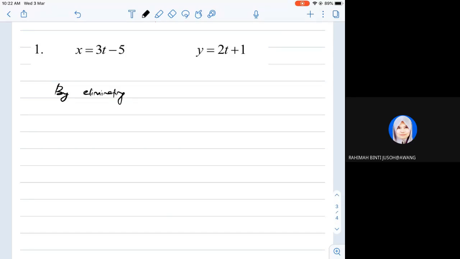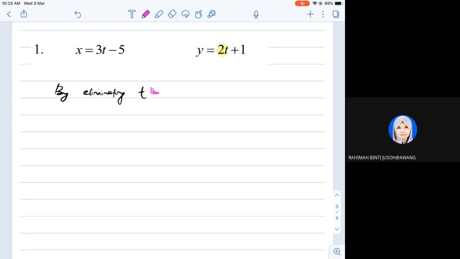Okay, so bila you tengok soalan tu guys, you have to determine which of the equations will be easier for you to find t. Okay, so in this case, you prefer x or y? You nak cari t tu. Y. Yes, kalau saya pun saya akan ambil y lah sebab dia koefisien 2 kan. Senang sikit lah kan.